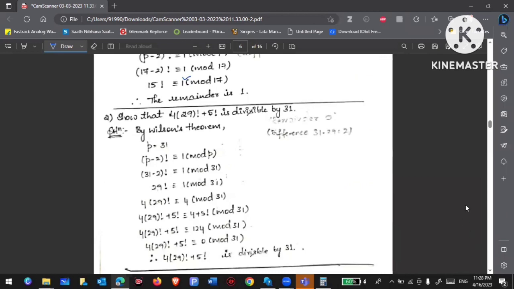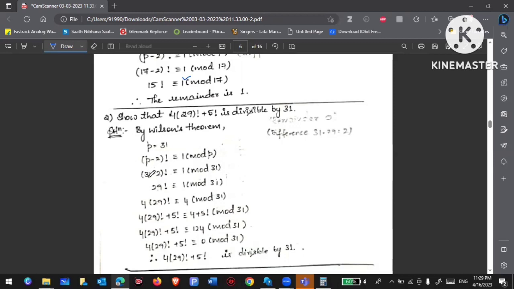Let us go to the second problem. Here they are asking: show that 4 of 29 factorial plus 5 factorial is divisible by 31. So we will go part by part. 31 minus 29 is how much? 2. So which formula? (P minus 2) factorial congruent to 1 mod p.